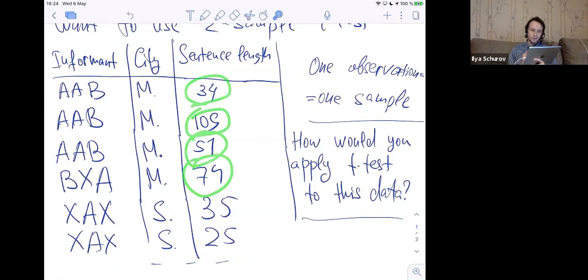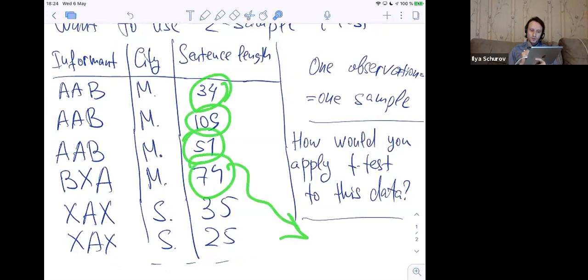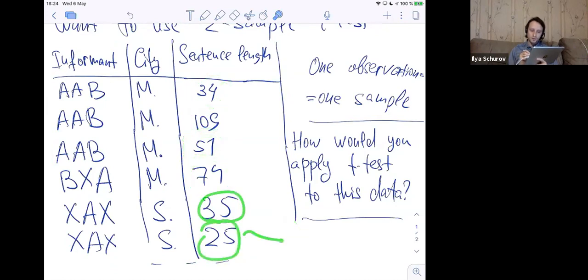So you have this number, this number, this number, this number. You feed it as a first sample to your t-test, and these numbers as a second sample, right? Okay. Everybody agree? Are there any other suggestions?